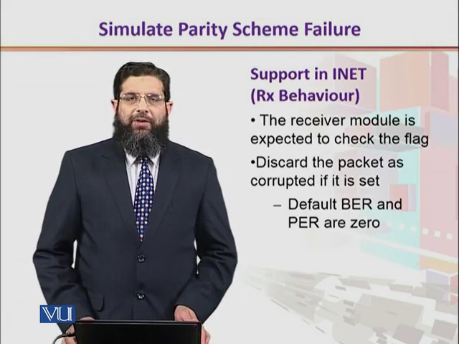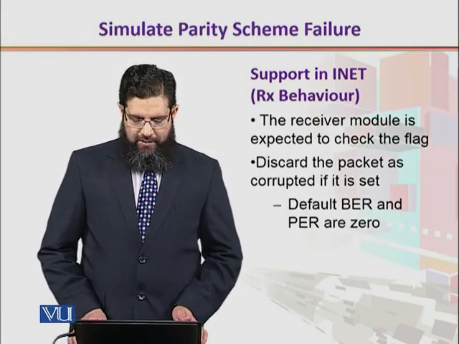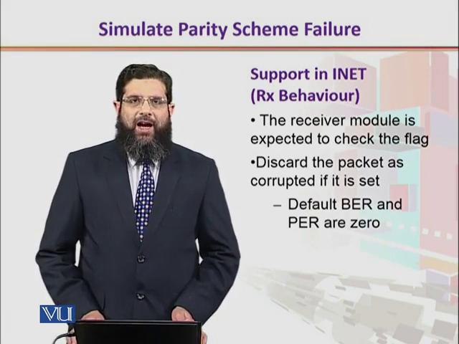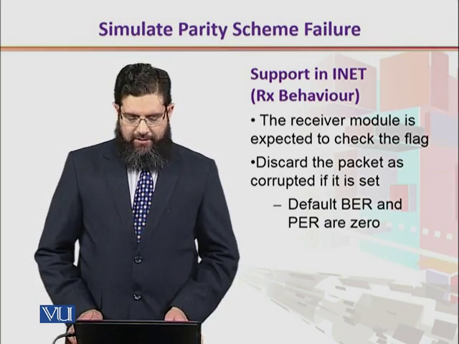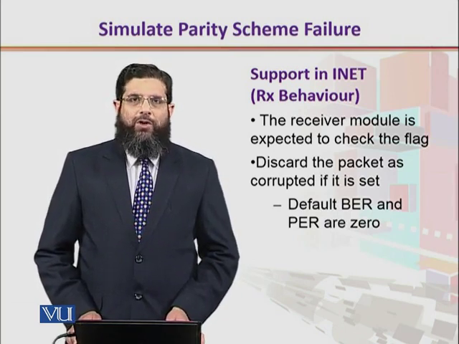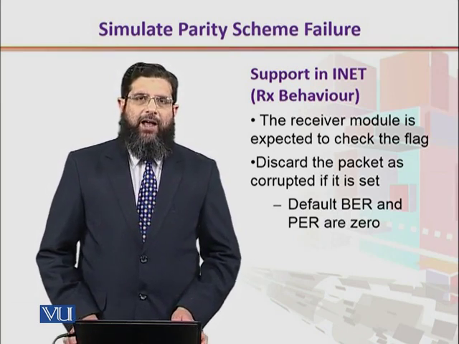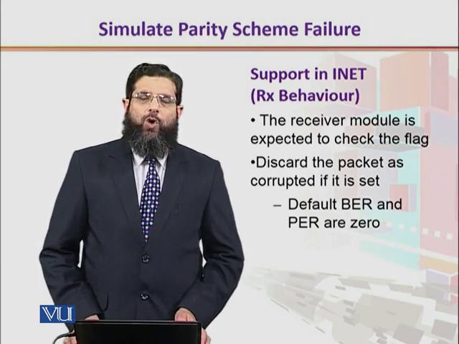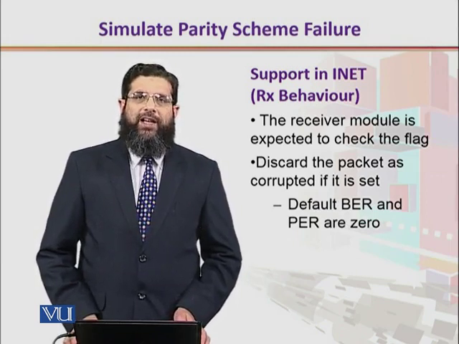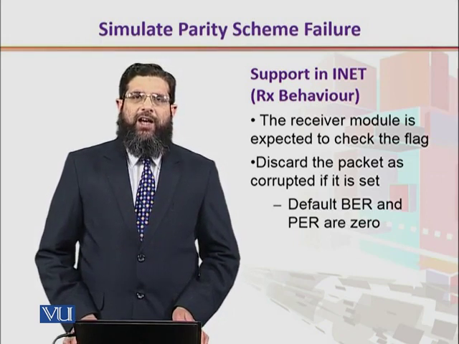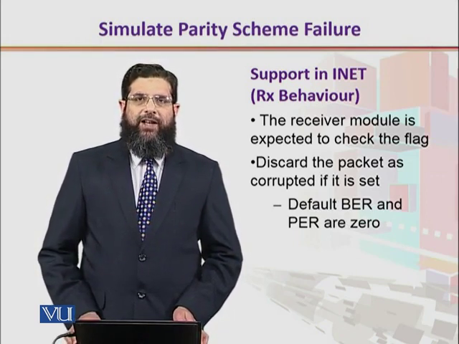When the receiver receives such a packet, it looks for the presence of the flag in the packet object. Of course, since we are only interested in seeing the behavior of the error detection scheme, not exactly the error correction scheme, which goes on to determine which bit is in error and flips the bit to correct the error, here we are only concerned with error detection.